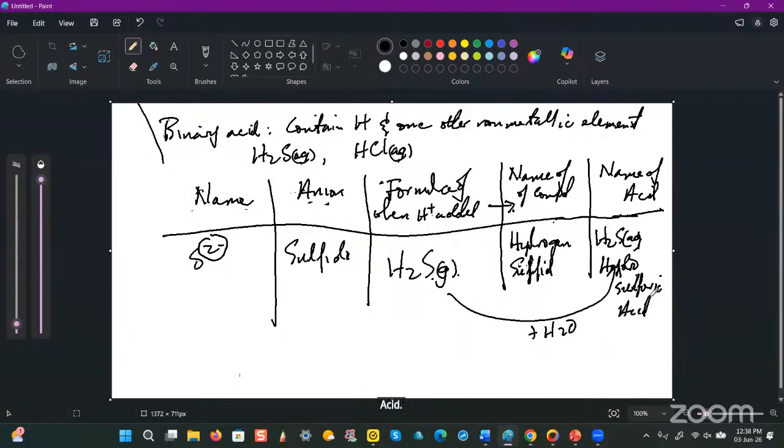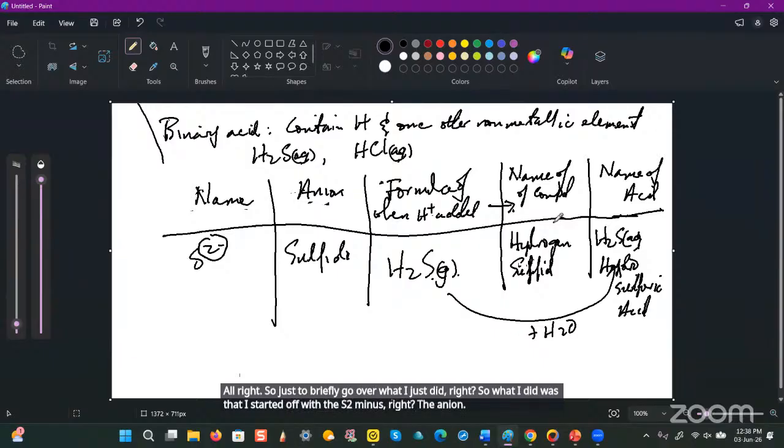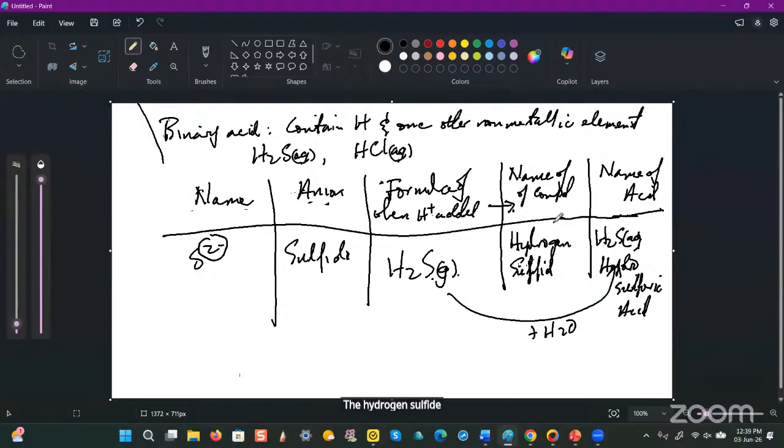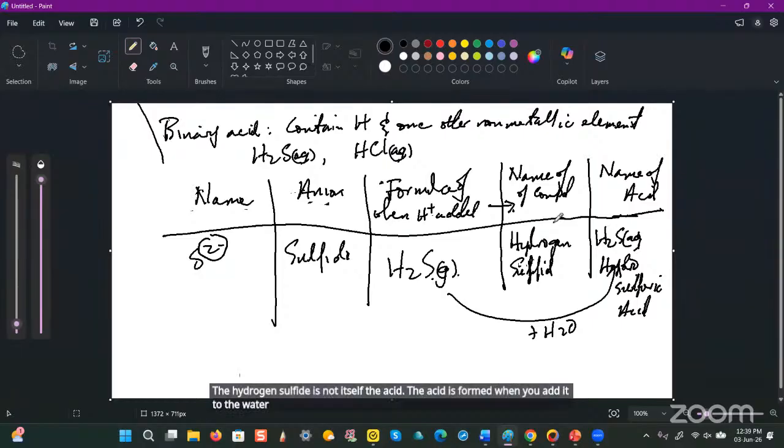All right. So just to briefly go over what I just did, right? I started off with the S2 minus, the anion, right? You add 2H plus to it, and that forms hydrogen sulfide, right? The hydrogen sulfide is not itself the acid. The acid is formed when you add it to the water, right? And therefore, the resulting solution is now an acid, and that has a different name.